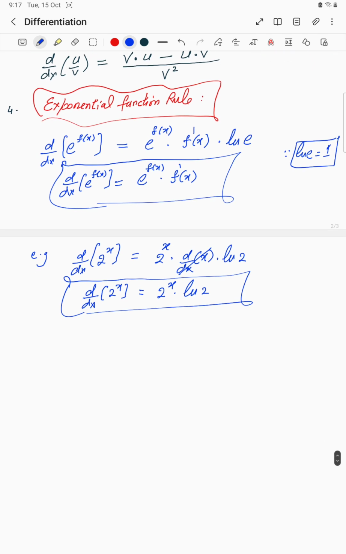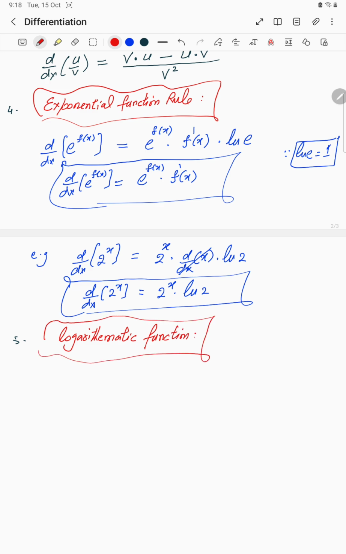Right, similarly we have the logarithmic function as well. So how to differentiate the logarithmic function?